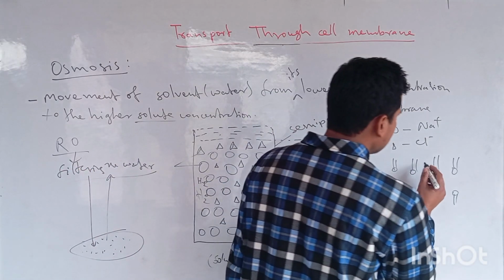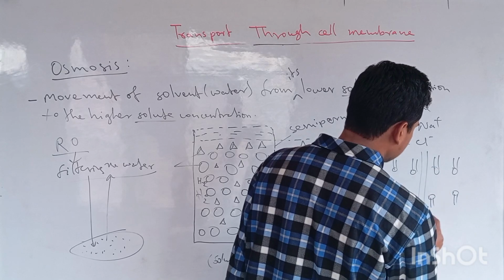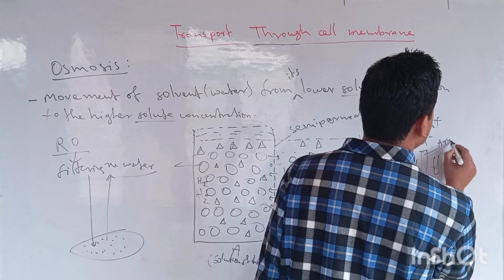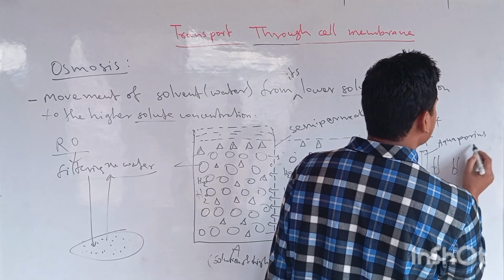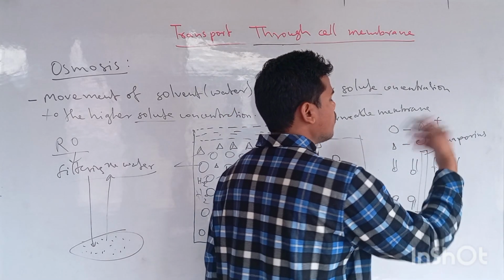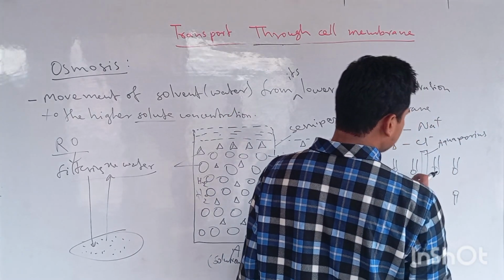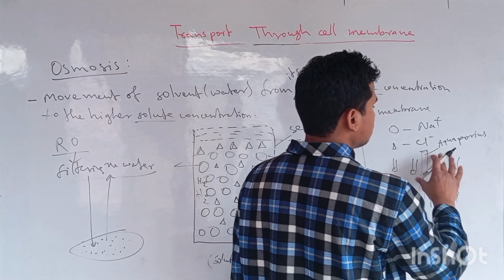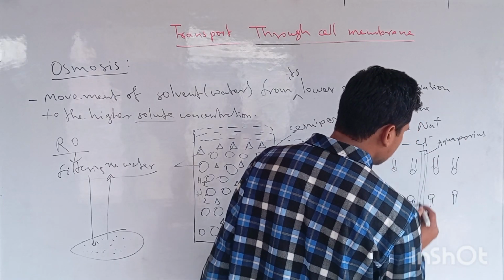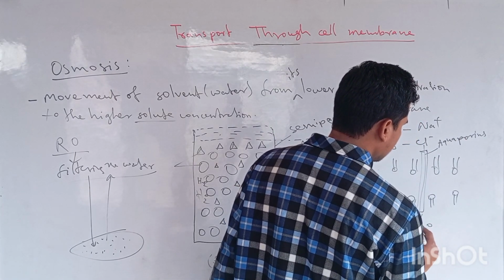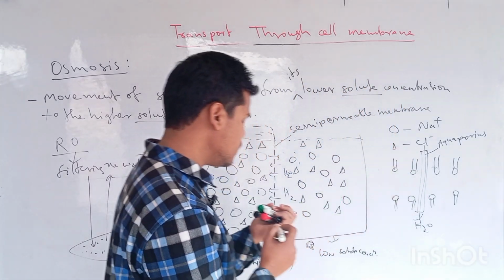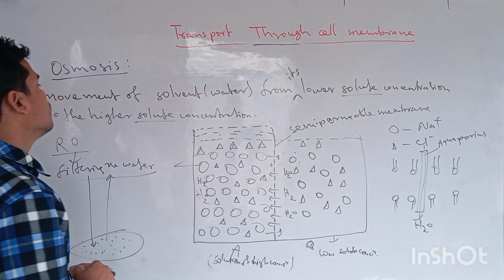How does this occur? There are some pores or proteins called aquaporins. There are more than 10 types of aquaporins, like 13 or even more, and different types are found in different tissues. Through these aquaporins, the movement of water occurs very rapidly without the influence of the hydrophobic lipid component. So this is an important viva and MCQ point.